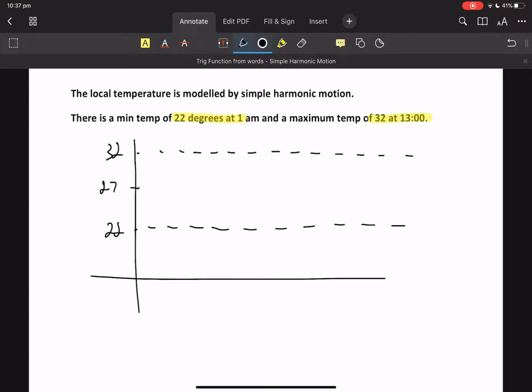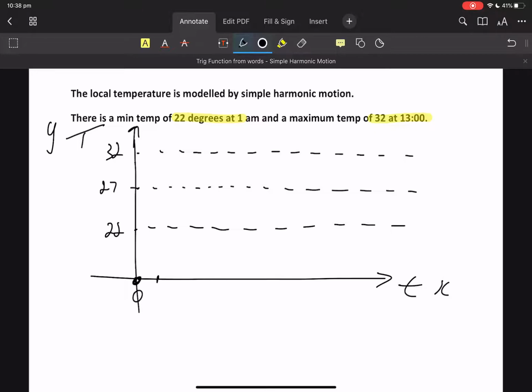I think that's 27. So there's my middle. Now we're going to set this as 0 time, because this is my time axis and this is my temperature axis. So we've got two T's happening, but that's okay. We might just deal with that as Y and X to not get too confused.